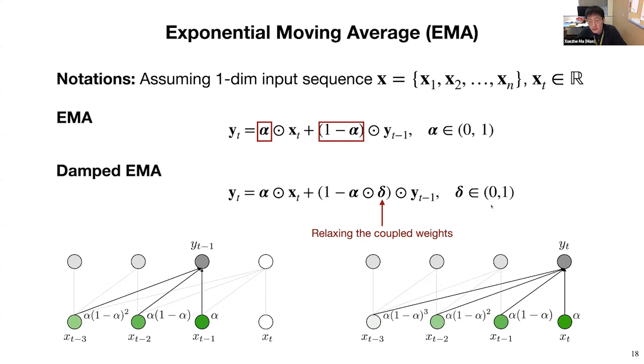Delta is also in the range from 0 to 1. By adding this delta, the weights do not necessarily sum to 1, which improves the EMA's capability. And in our Mega model, both alpha and delta are learnable parameters, similar to the parameters in the transformer.